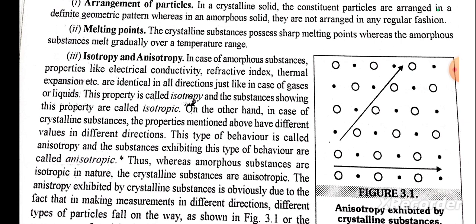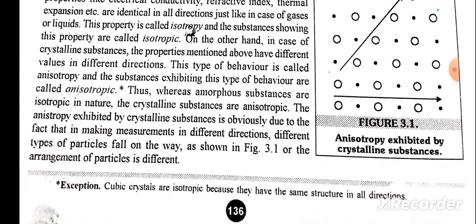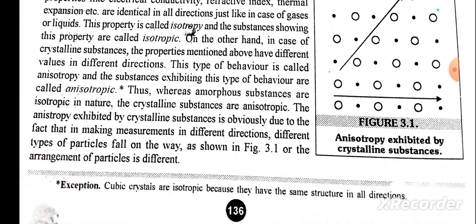On the other hand, in crystalline solids the properties have different values in different directions. This behavior is called anisotropy, and such substances are called anisotropic. So amorphous solids are isotropic in nature, and crystalline substances are anisotropic.